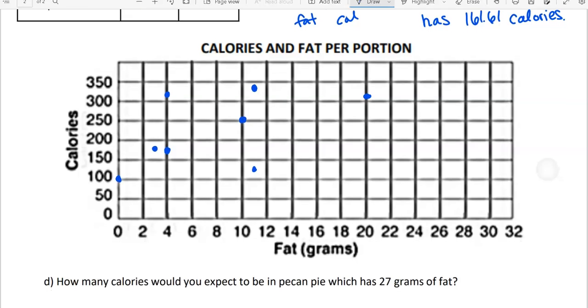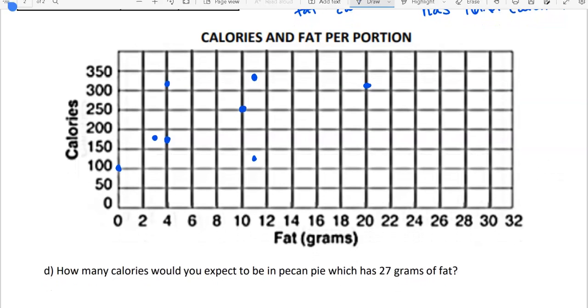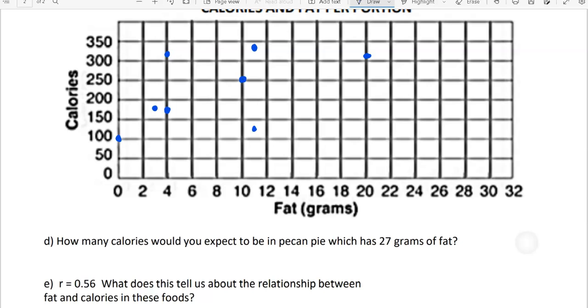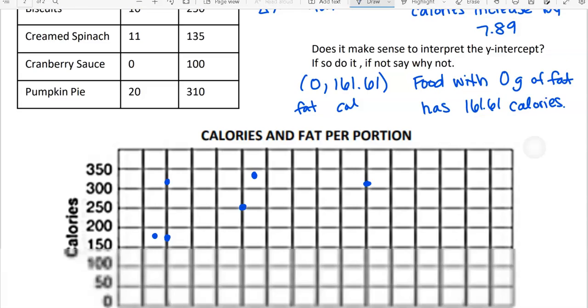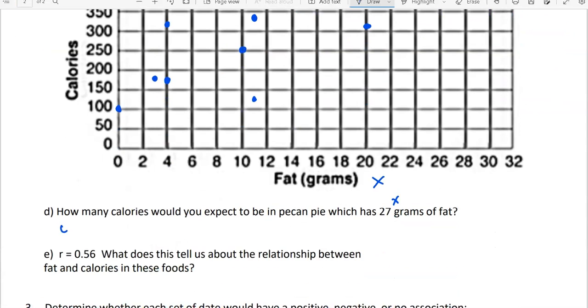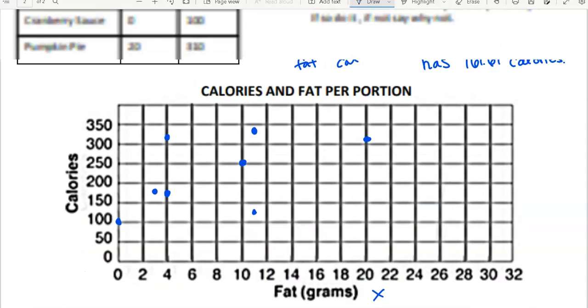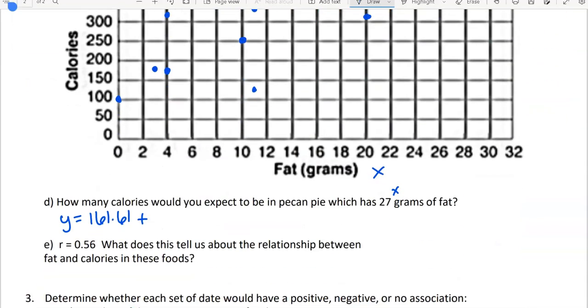How many calories would you expect to be in a pecan pie, which has 27 grams of fat? Grams of fat, remember, is our x values. So we're going to use 27 for x in the equation they gave us above: 161.61 plus 7.89x, which in this case is going to be 27. Let's figure that out.